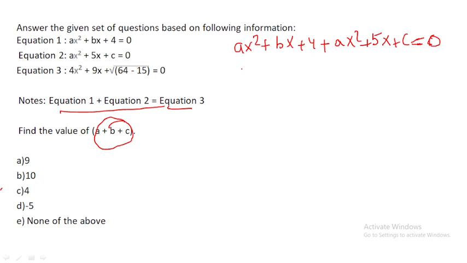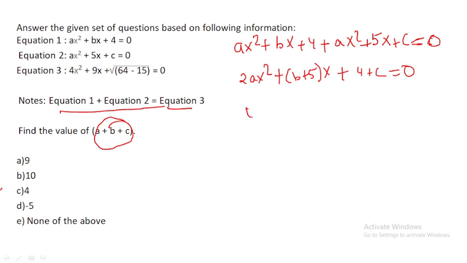We are just adding equation 1 and 2. Now, the sum of equation 1 and 2 is 2ax square plus (b plus 5) multiplied by x plus 4 plus c equal to 0.